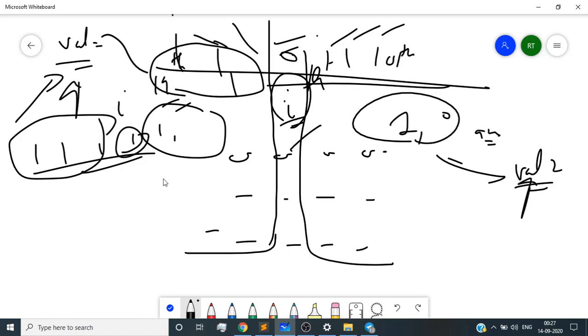Let's say the contribution which is common in both queries to the final sum is x.